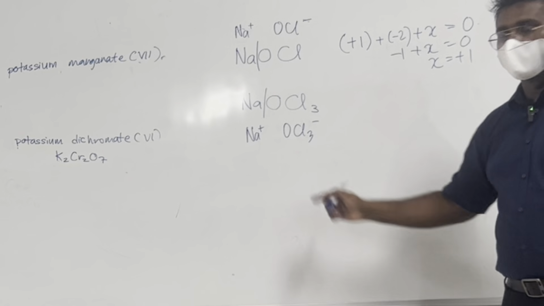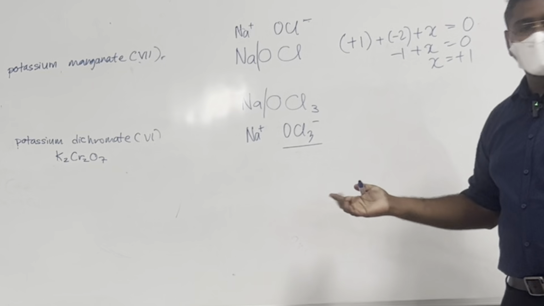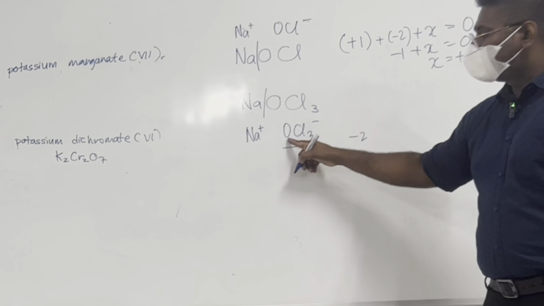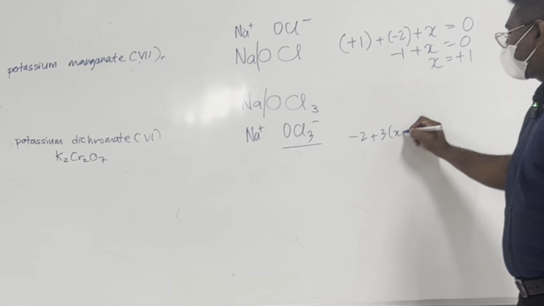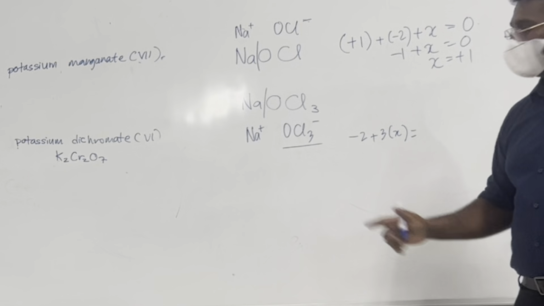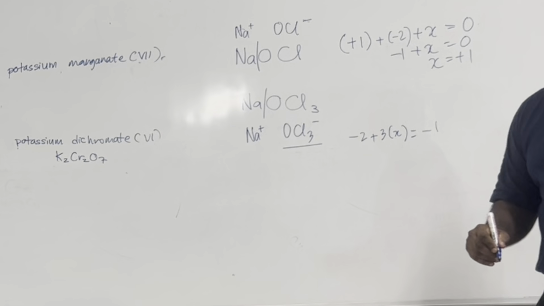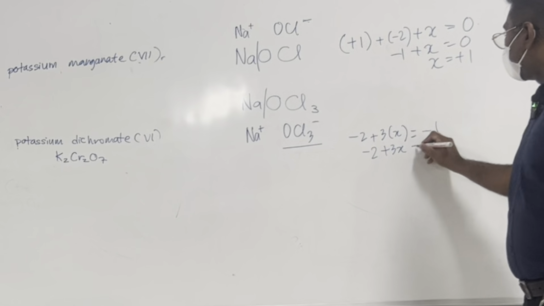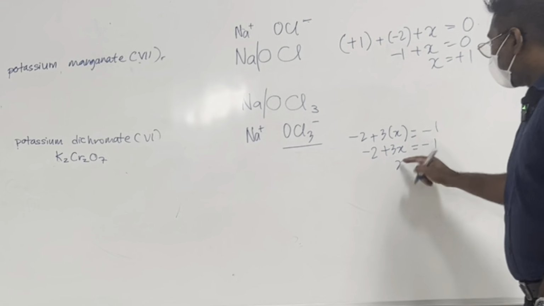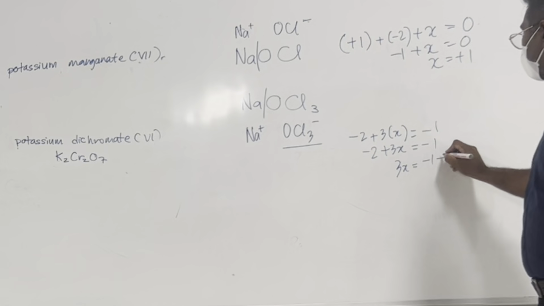How about this? Let's say I calculate only using the ion. So -2 plus 3X equals to -1. 3X equals to -1 plus 2.